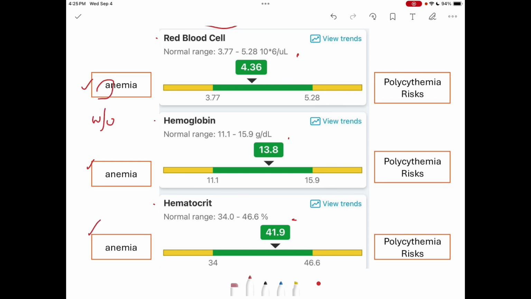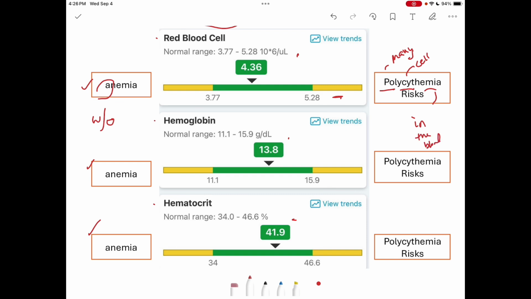And so people are going to appear pale, and that's why they called it anemia, because it looks like they lost their blood. If they're on the high range, then it's called poly, which means many, cyte, which means cell, and emia means in the blood.